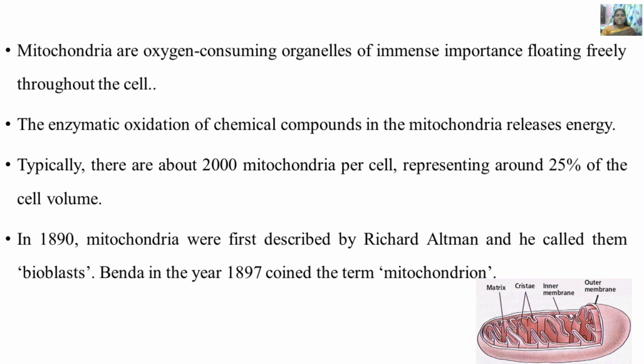In 1890, the mitochondria were first described by Richard Altmann, who called them bioblasts, and Benda in the year 1897 coined the term mitochondrion. So this is the picture of mitochondria, where you can see the outer membrane, inner membrane, and its internal matrix.